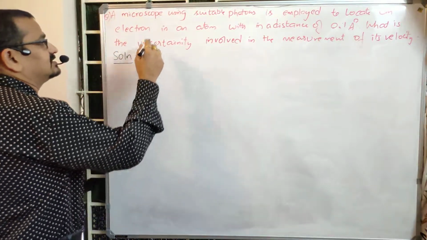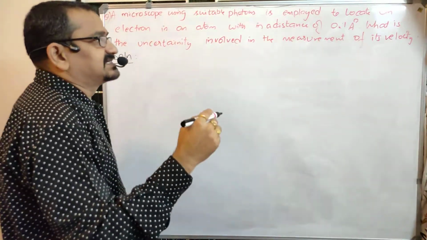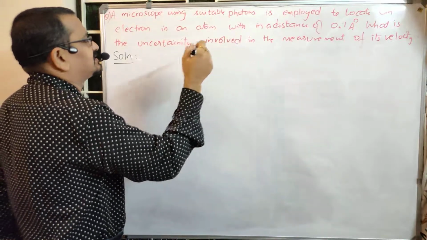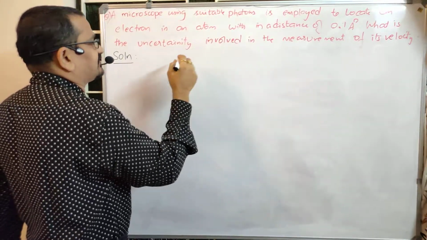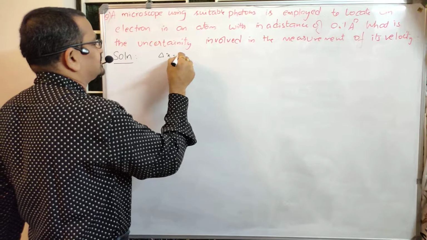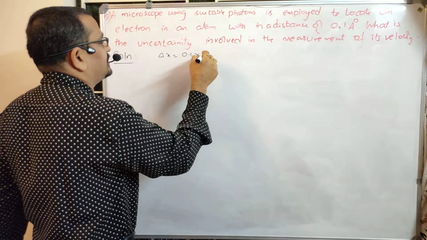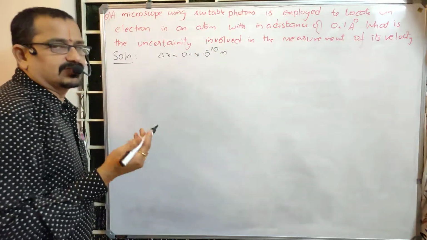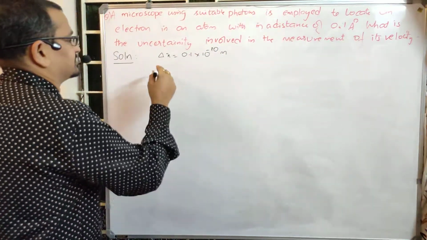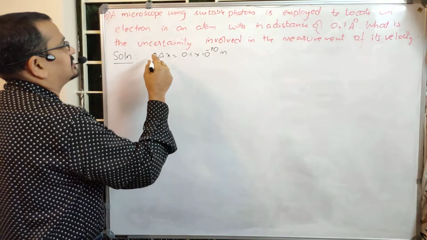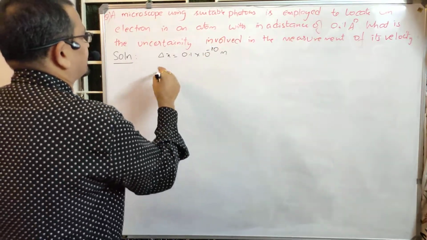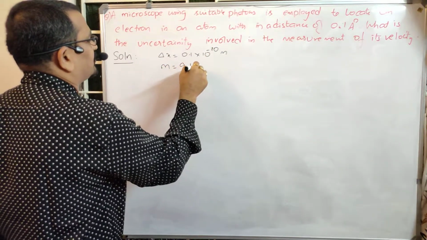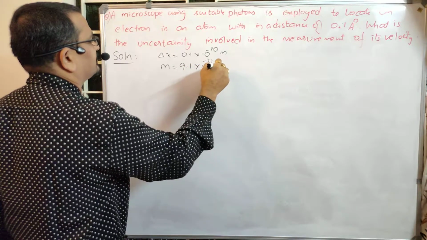So we have to apply Heisenberg's uncertainty principle. First of all, let's get the data. Within a distance of 0.1 angstrom, so delta x is 0.1 into angstrom, means 10 power minus 10 meters. 10 power minus 8 centimeters, 10 power minus 10 meters. This is given. And to locate an electron, what is the mass of the electron? It is 9.1 into 10 power minus 31 kg.